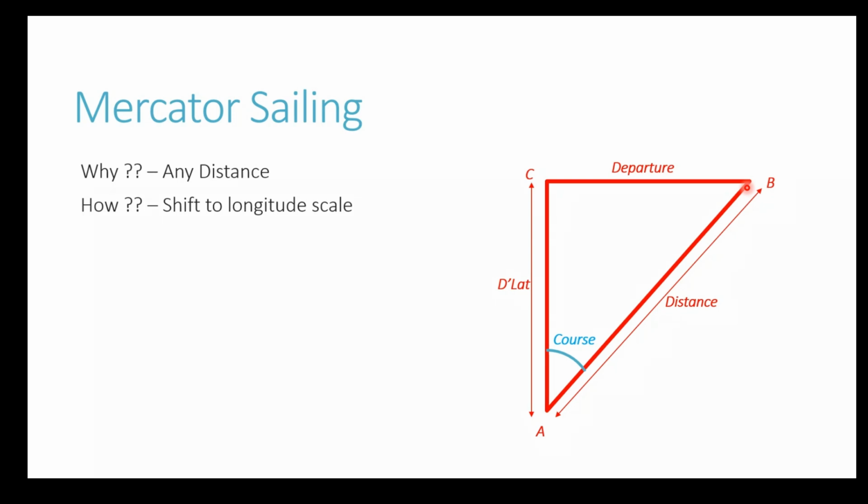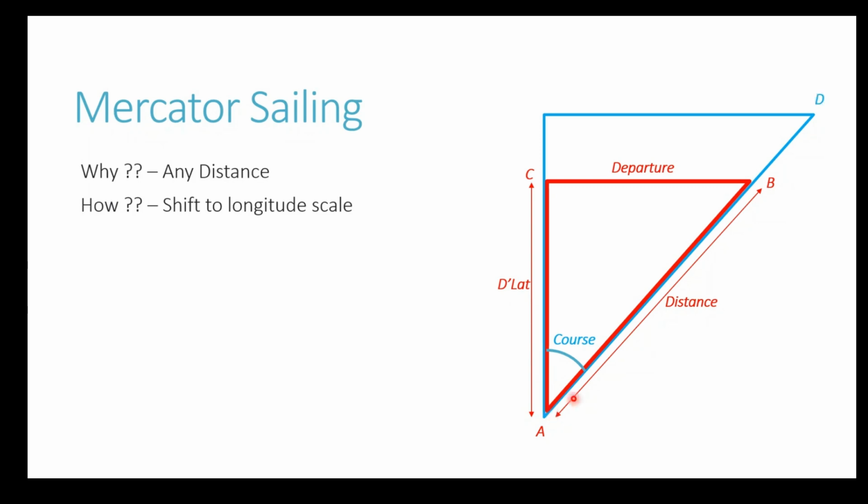Now in Mercator sailing, a simple way to understand it is that we convert from latitude scale to longitude scale. We will measure the sides in the longitude scale. How do we do that? Let me show you the Mercator triangle now. The blue color triangle which you see, bigger than the red one, is the Mercator triangle.